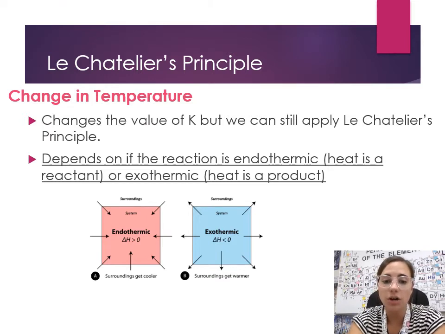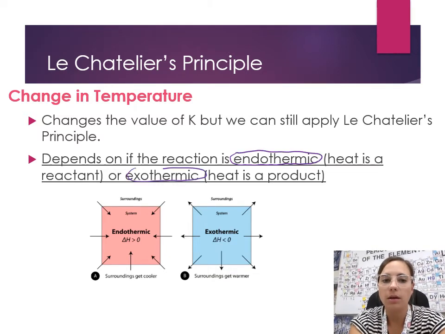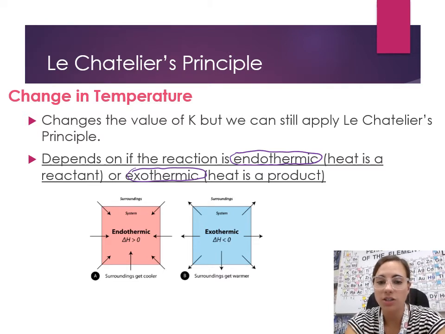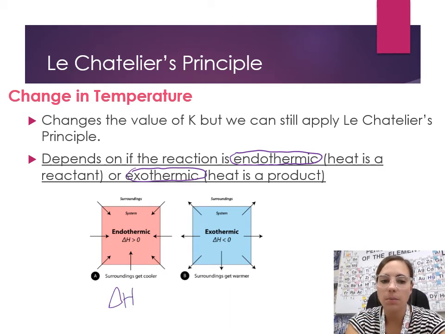Changing temperature depends on if the reaction is endothermic or exothermic. If we remember, an endothermic reaction means it is gaining energy, so delta H is positive. The way we know it's an exothermic reaction is it loses heat, so delta H is negative.